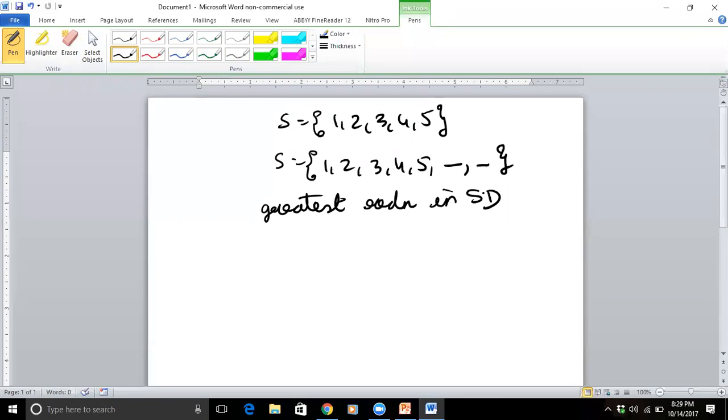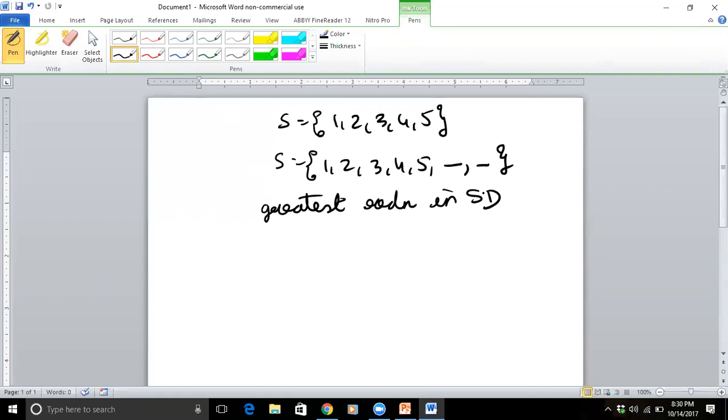I want you to add 2 elements to the set which gives me the greatest reduction in standard deviation. So what 2 elements will you add to a set which gives you the greatest reduction in standard deviation?